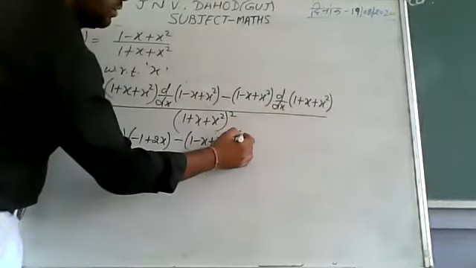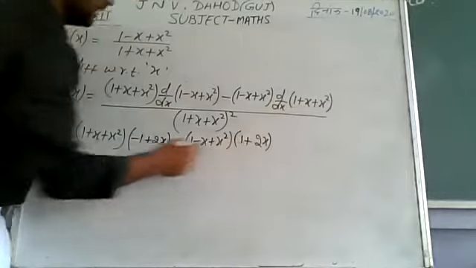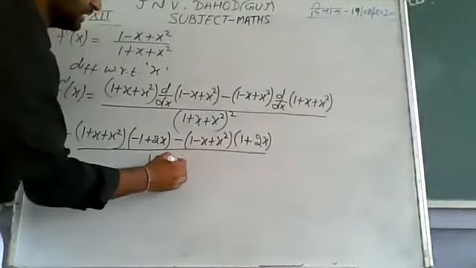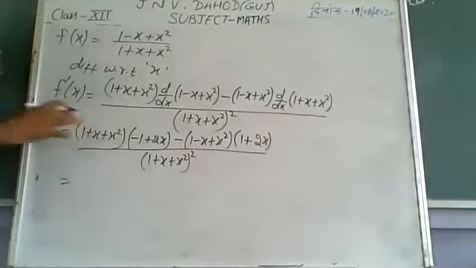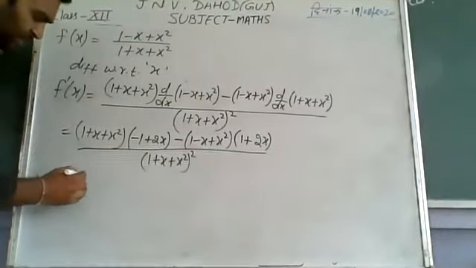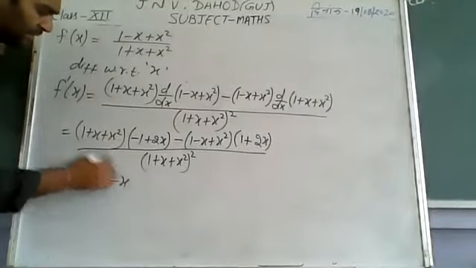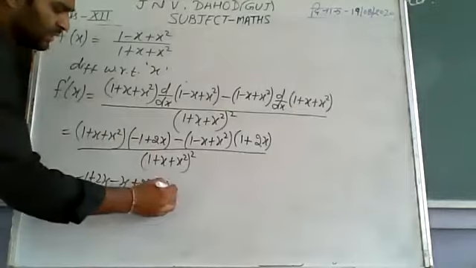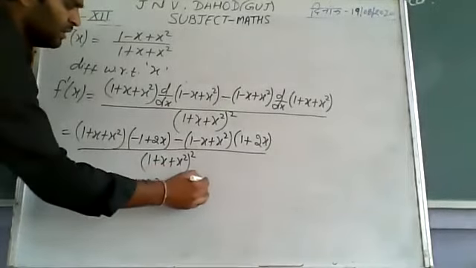Derivative of 1 is 0, derivative of x is 1, and derivative of x square is 2x, and the denominator is the same, (1 plus x square) whole square. We can simplify it. It is minus 1 plus 2x and minus x plus 2x square, then minus x square, then plus 2x cube.